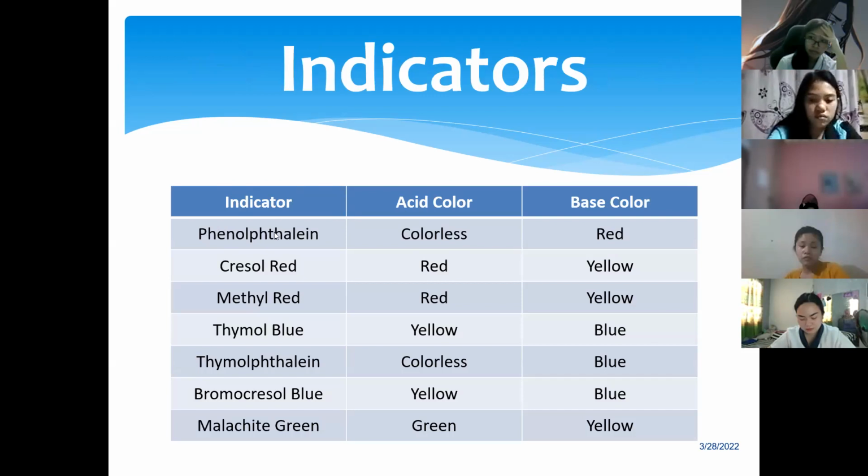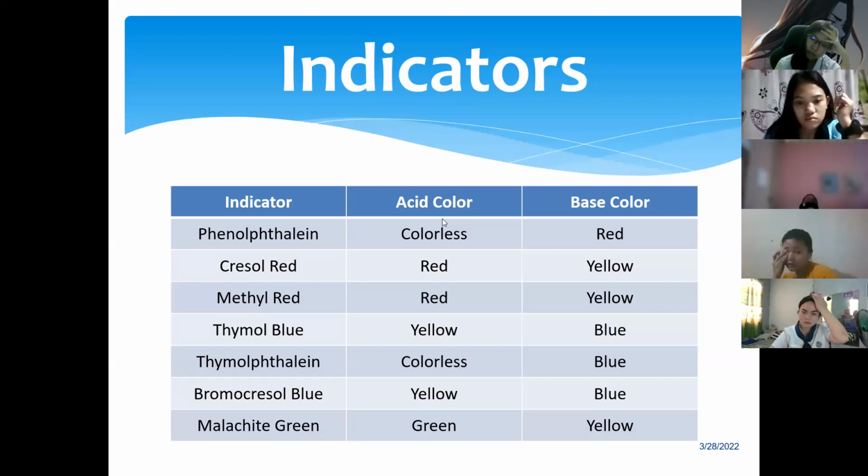So just like when you say phenolphthalein, when you place phenolphthalein in an acidic medium, for example, you place it in suka or vinegar. So remember, vinegar is acidic. Phenolphthalein will be colorless.